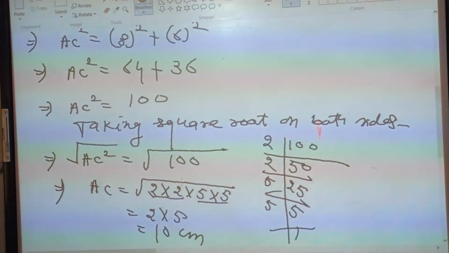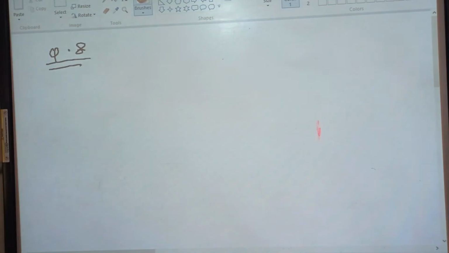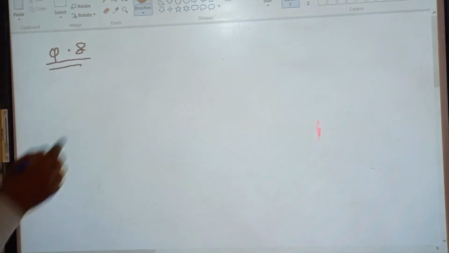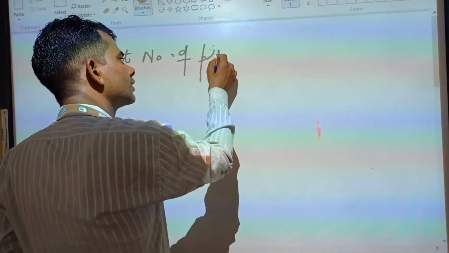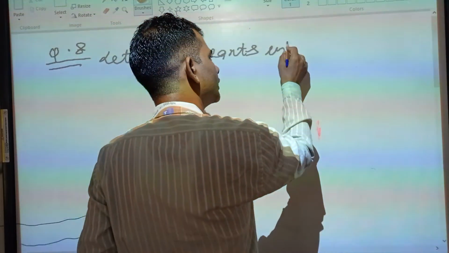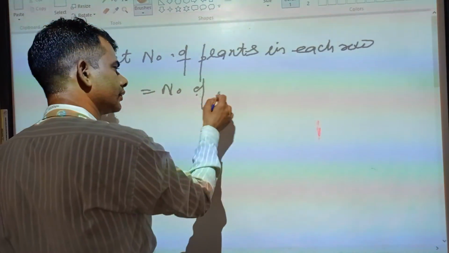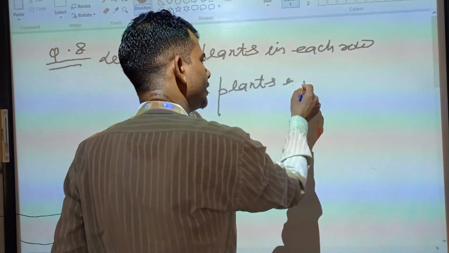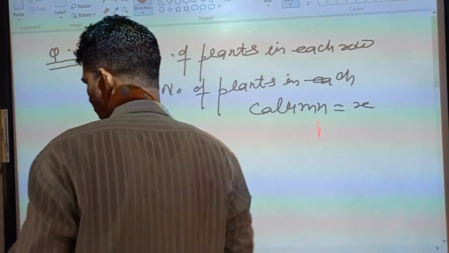Okay, do it fast. Question number 8. Let number of plants in each row is equal to number of plants in each column, that is x.